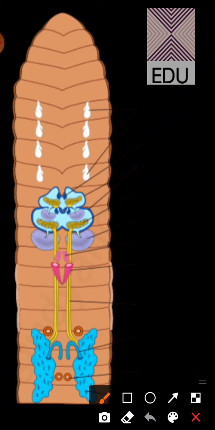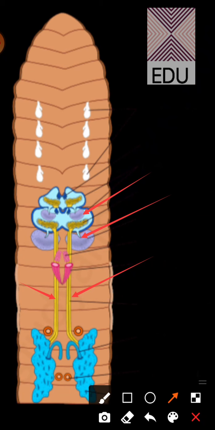Now from these bags, four vasa deferentia are going down, which are shown here in yellow color. So these are again in pairs. So these are four in number. Two are coming on the left side from the seminal vesicles of the 11th and 12th segments of the left side.